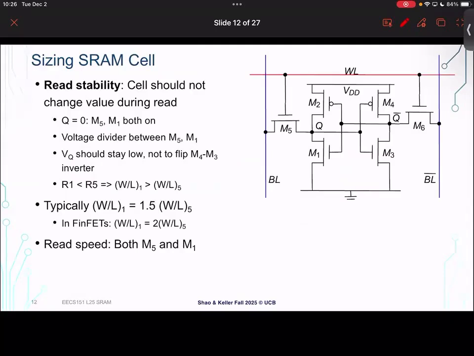Okay, so let's consider this example. If Q is 0, and the word line is 1, because we're reading, then M5 and M1 are both on.